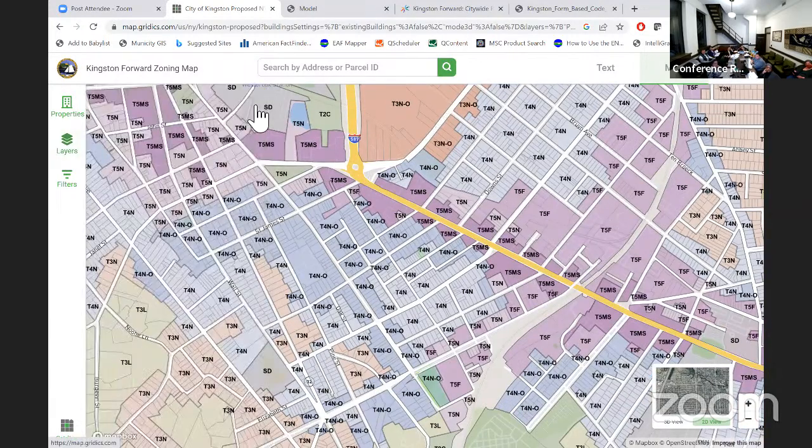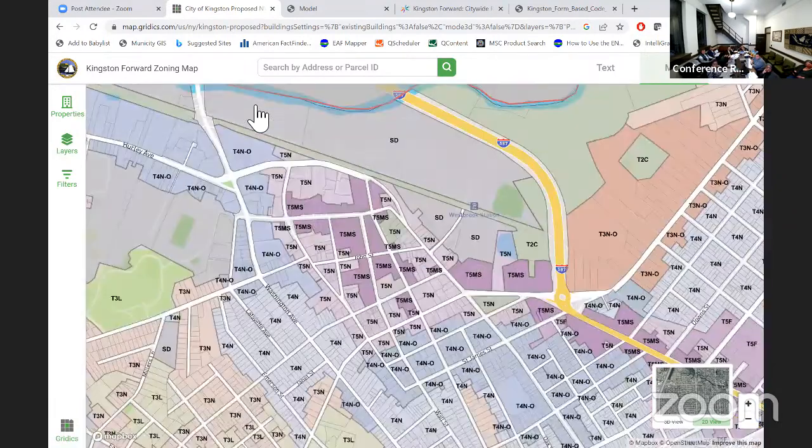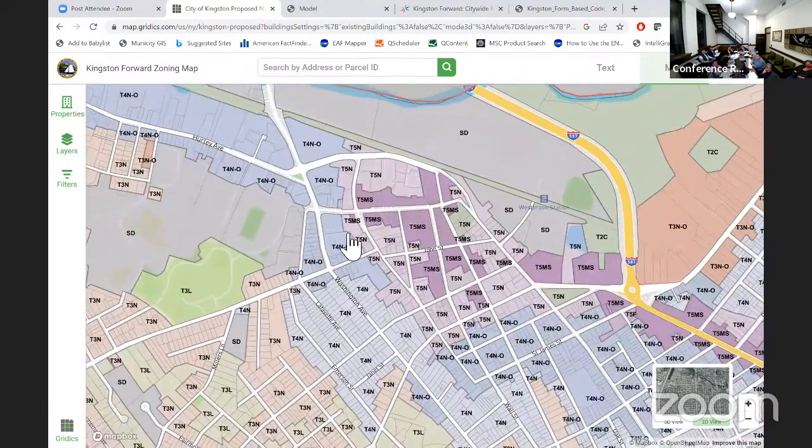It's like T3. Okay. So Washington Avenue is T4N. So that's going to have less than the T5. Right.